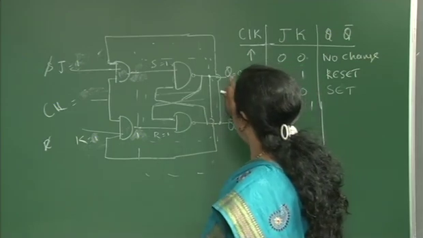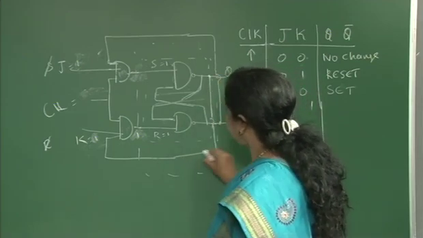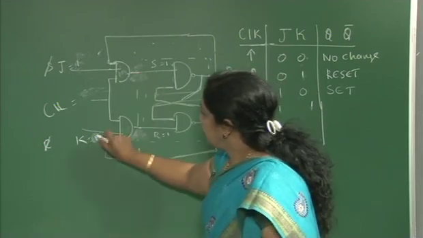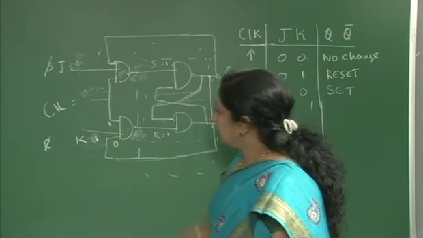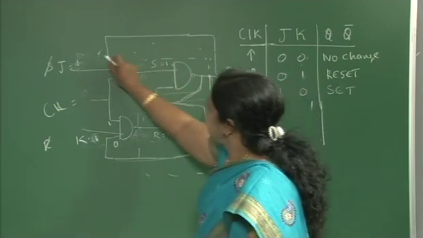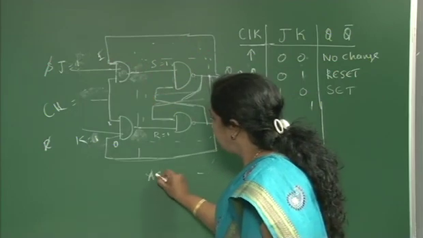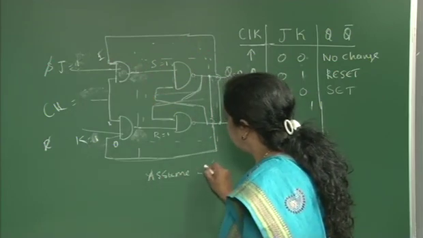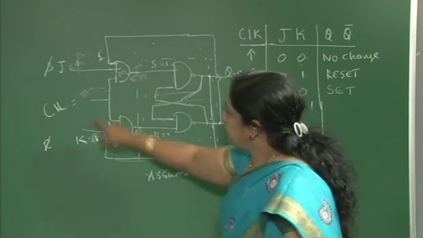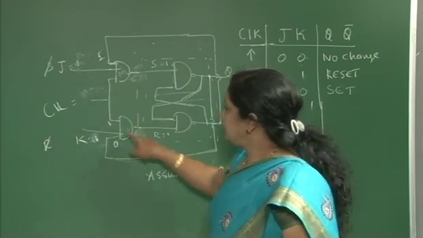So when Q is 0, and you are giving 1 here, and the clock is 1. So when Q is 0 and Q complement is 1, you are assuming now here Q as 0, Q complement as 1. Now I am analyzing this gate.